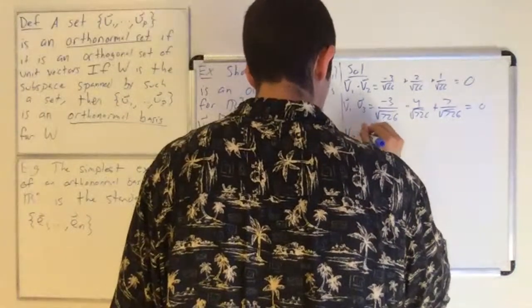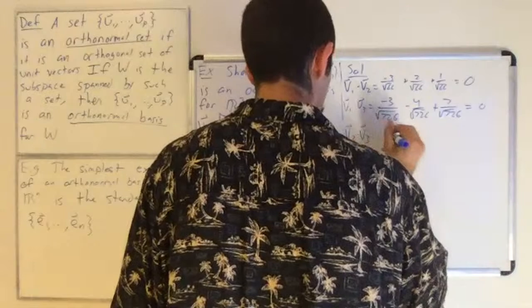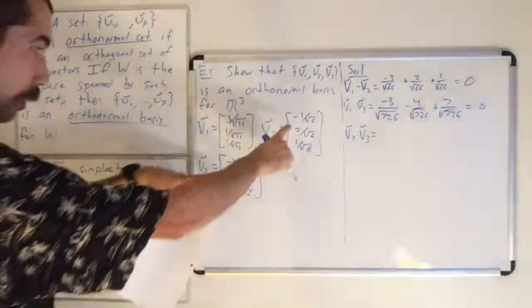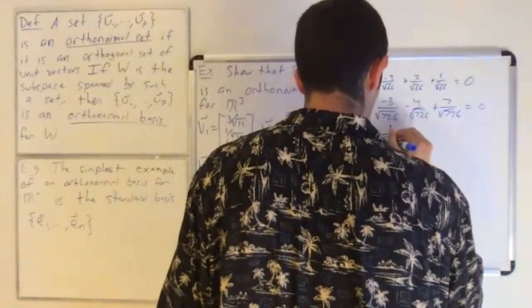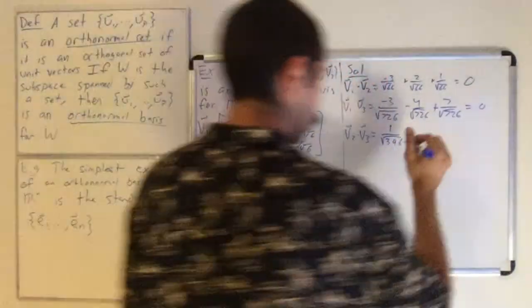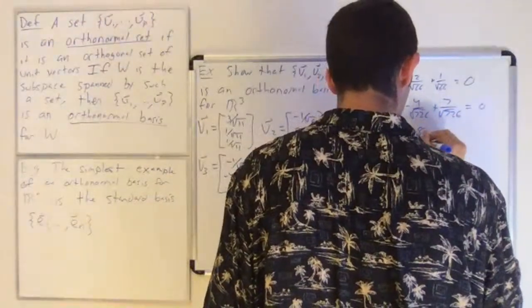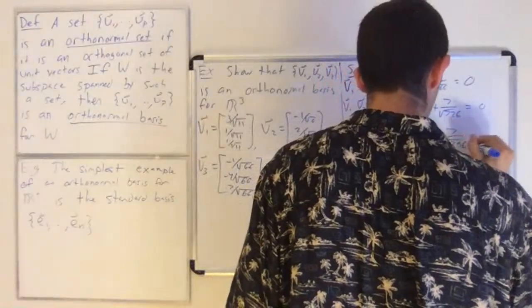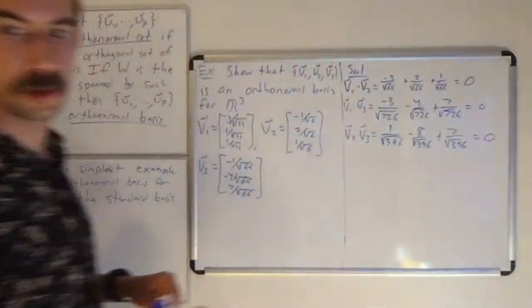And V2 dotted with V3 is 1 over root 396 minus 8 over the same denominator plus 7 over that denominator, which again is equal to 0.